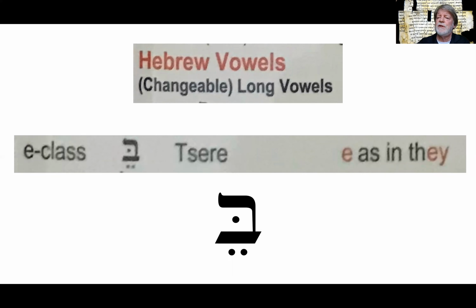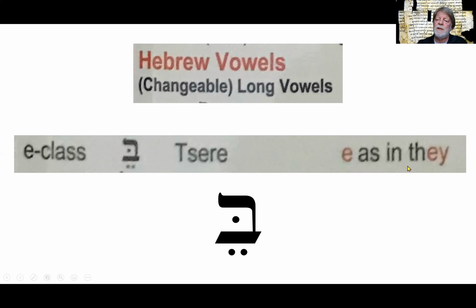But technically, there's a difference. If this was an AY sound, it would emphasize the long A sound, pronounced they or gray. If it's pronounced as an E-class vowel, as an EY, it's going to be more E sounding.